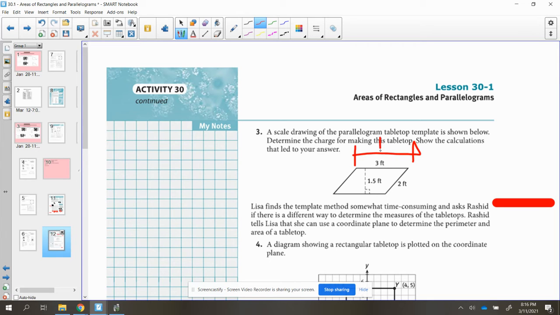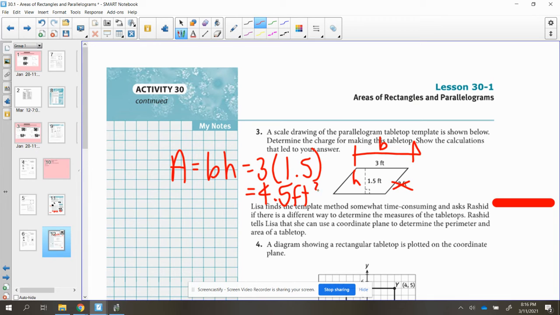The bases are going to be 3, and the heights are going to be 1.5. So this 2 is useless to us right now if we're looking for the area, because we want the base times the height, aka 3 times 1.5, for a total of 4.5 square feet.